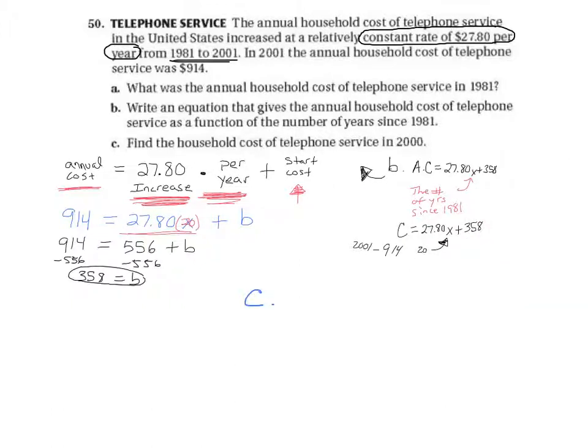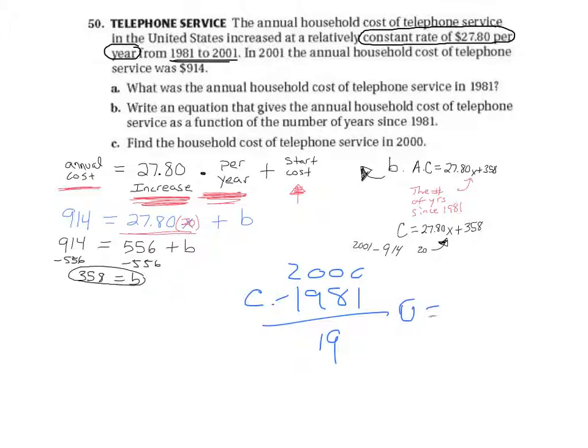And lastly, let's look at C. If we're trying to find the household cost for a telephone service in 2000, well, the number of years since 1981, 2000, it looks like it's been 19 years. So we've got our cost function.